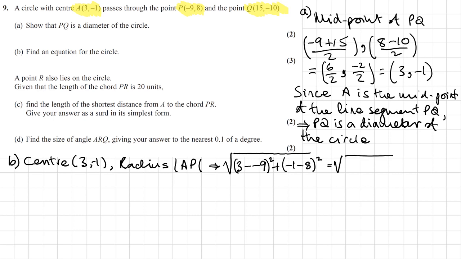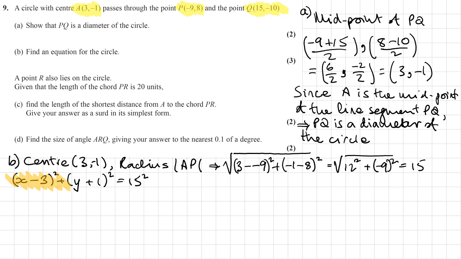That's going to be the square root of 12 squared plus -9 squared, and that gives exactly 15. So the equation for the circle is going to be (x minus 3) all squared, plus (y plus 1) all squared, is equal to 15 squared.